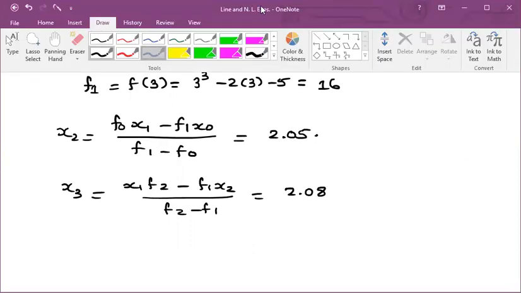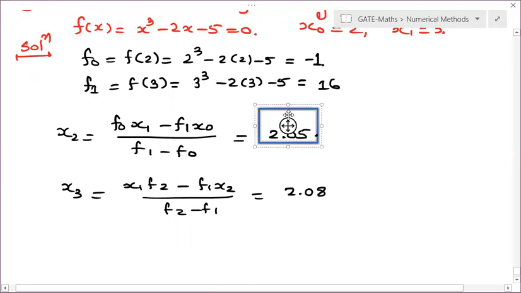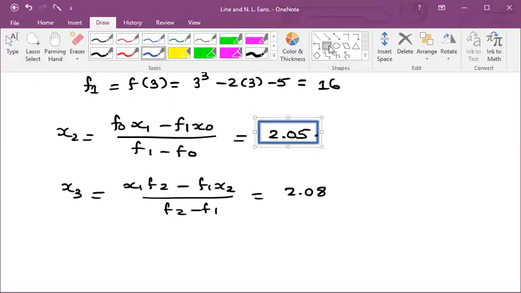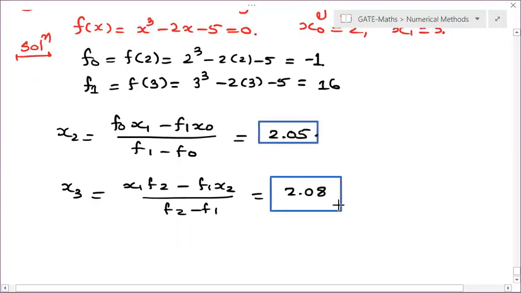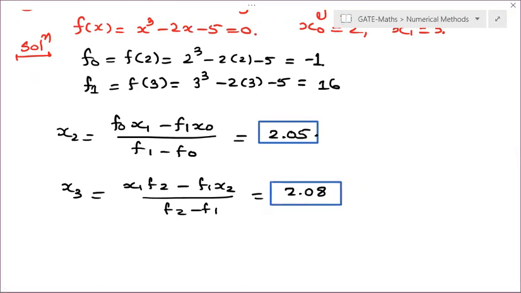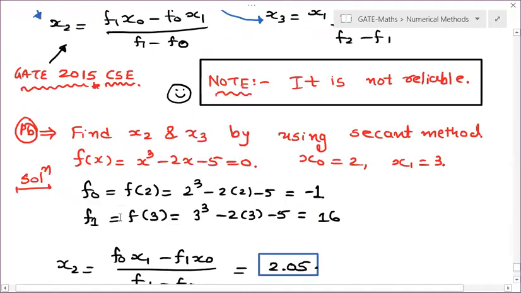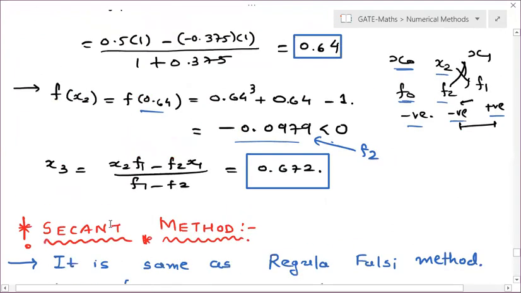Is it clear now? Okay. So this is your second method. So here we are concluding the first branch of this chapter, that is solution of linear and non-linear equations.